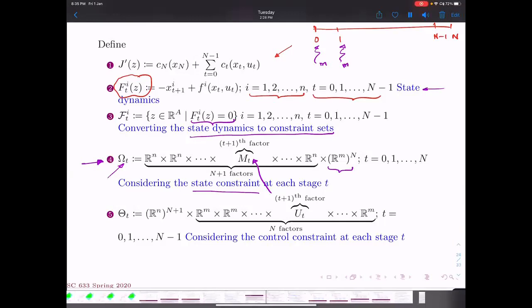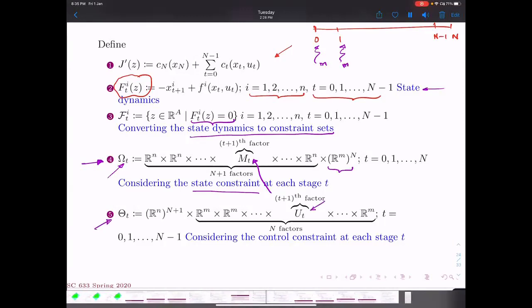So you're considering now, because all the constraints have to be considered in the larger picture, you have M_t to be the constraint at stage t, right? Similarly, you can do it for the control.